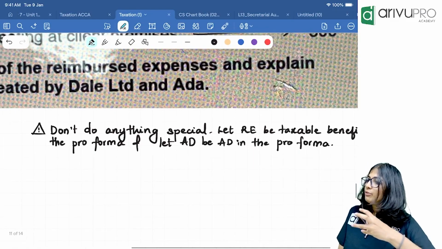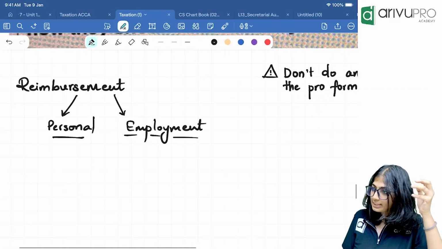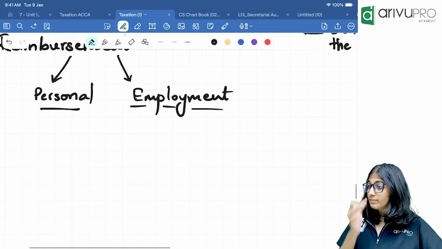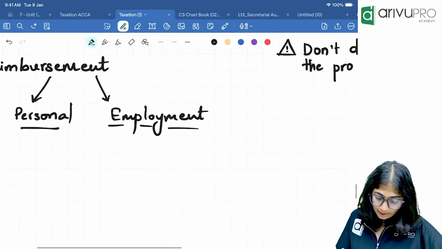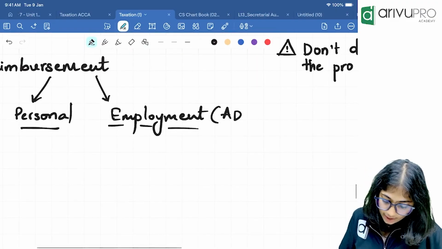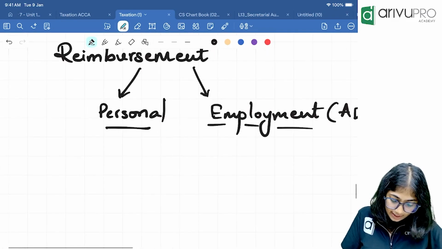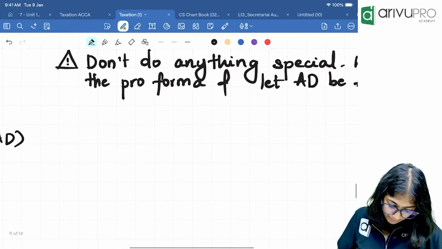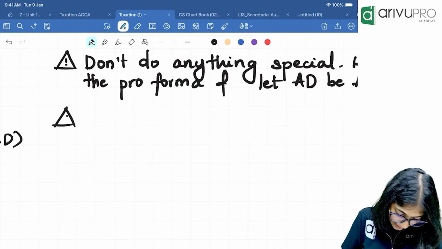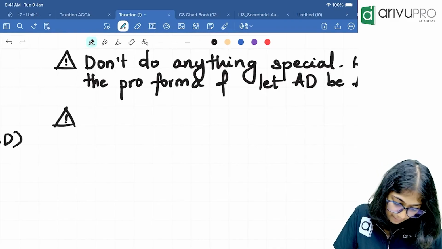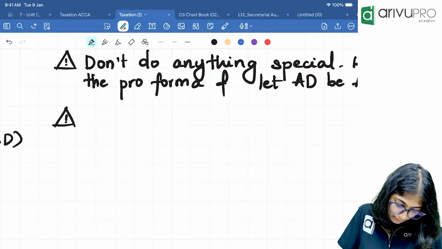Another way of handling it is whatever is being netted off as employment related. Employment related is allowable deductions. The other treatment here, we'll put this in blue.